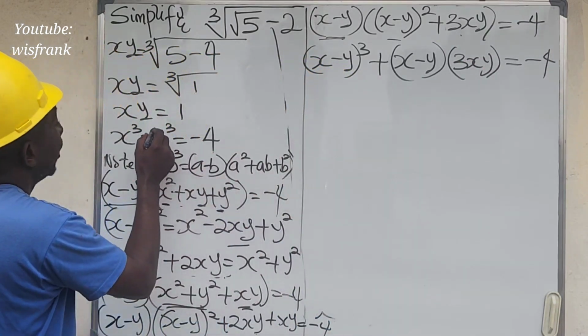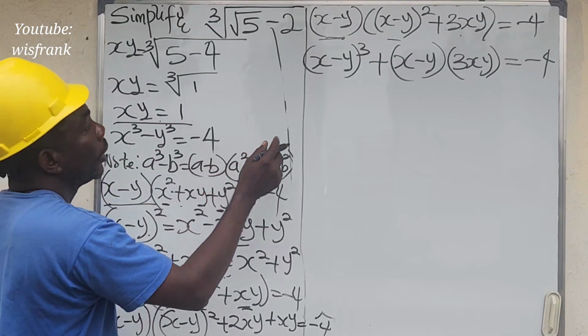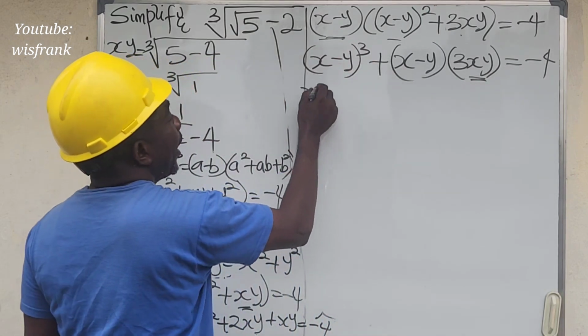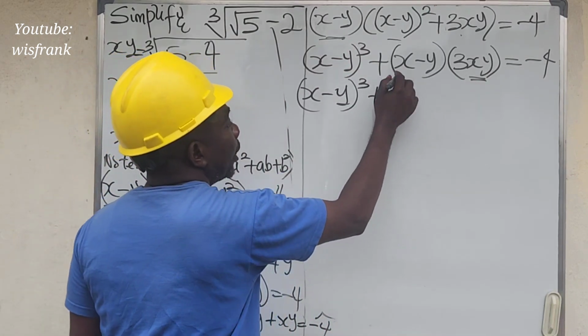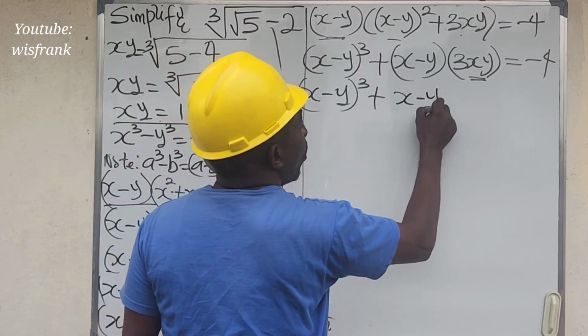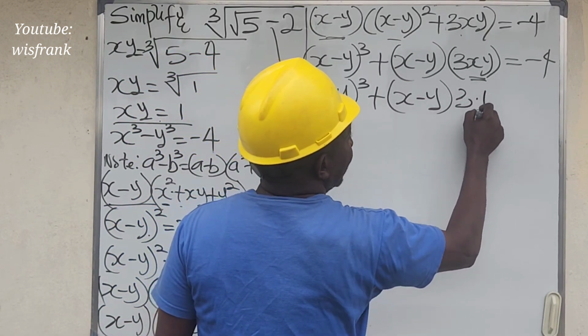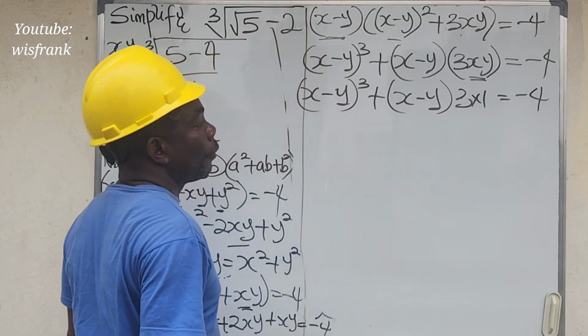So we recall that here we have our xy equals to 1. So we are going to substitute that where we have this. So this will become x minus y all to the power of 3 plus x minus y, then times 3 times 1, all equals to minus 4.